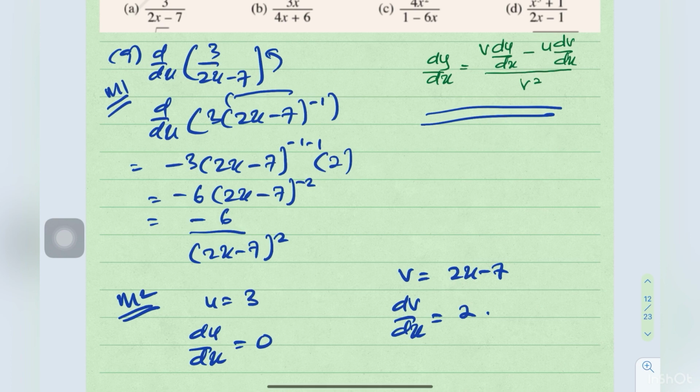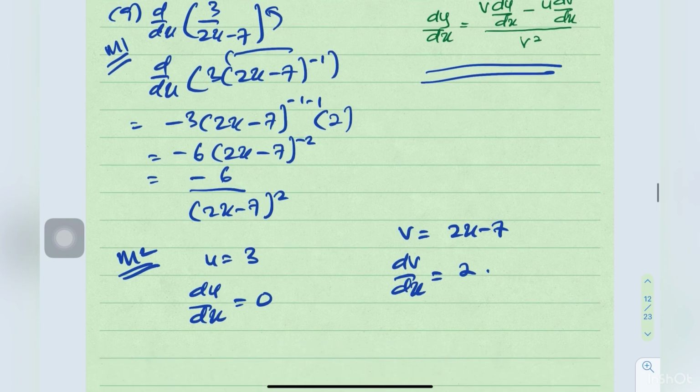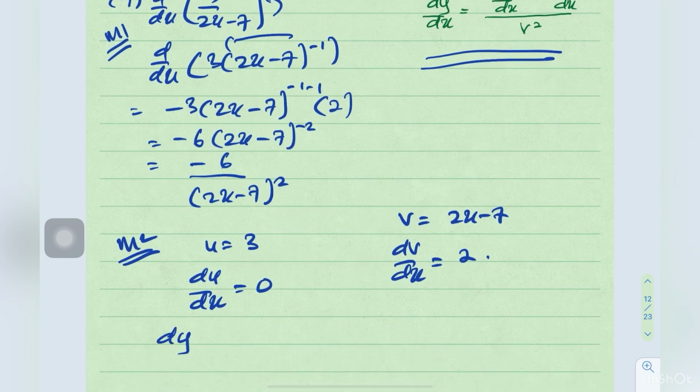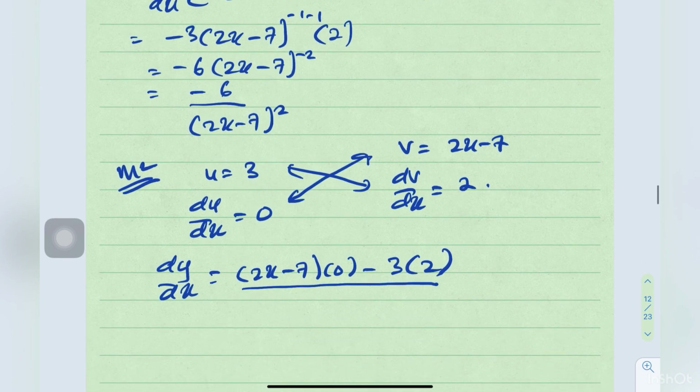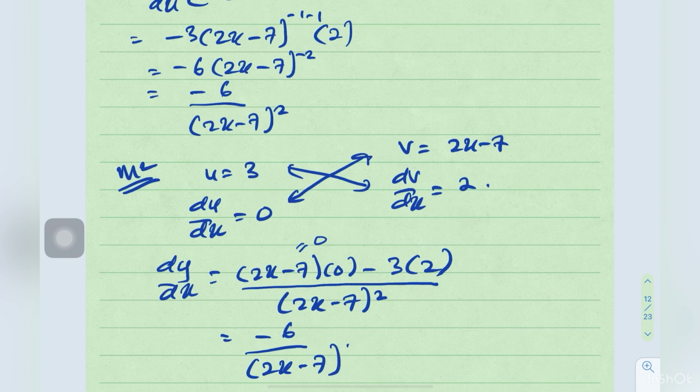Now here we have the quotient rule formula: dy/dx equals (v du/dx minus u dv/dx) over v squared. So (2x minus 7) times 0 minus 3 times 2, over v squared, where v squared is (2x minus 7) squared. All these things equal 0, so the final answer is negative 6 over (2x minus 7) squared.